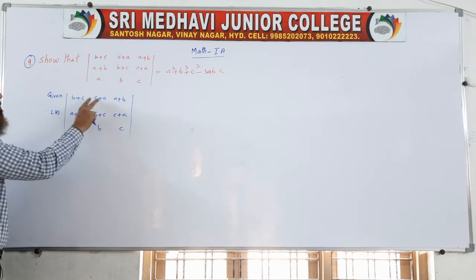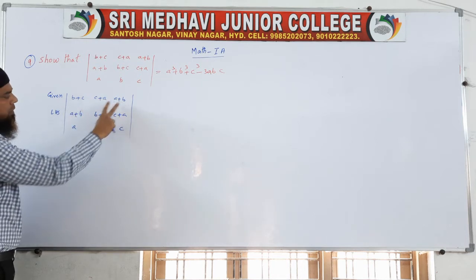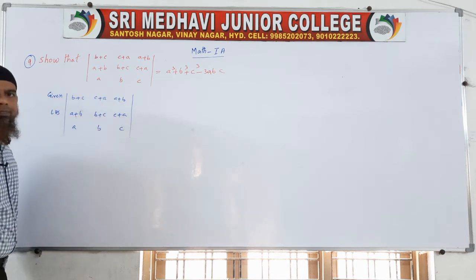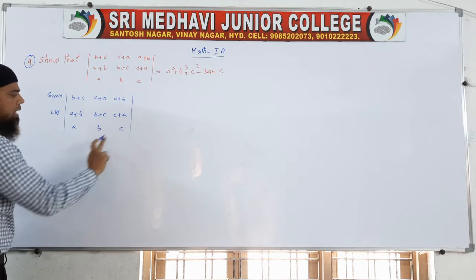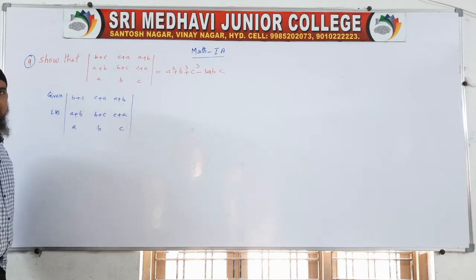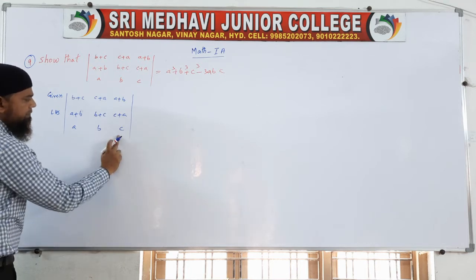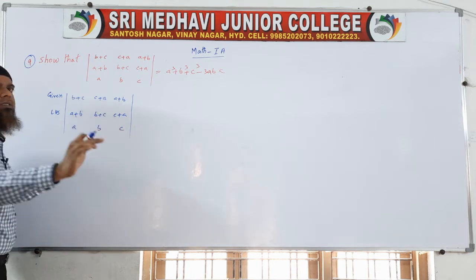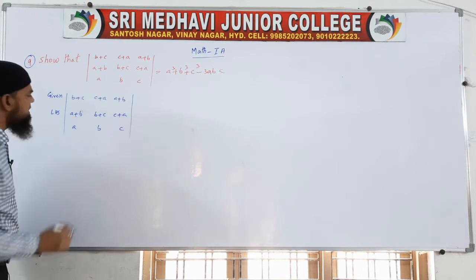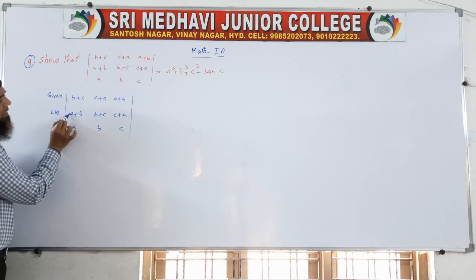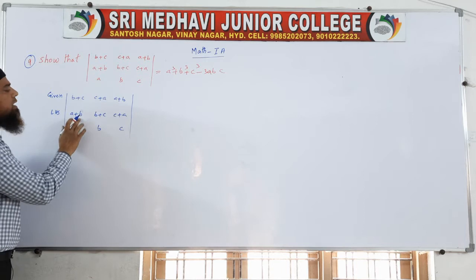This is sum of two numbers, sum of two numbers. Here also same thing given. But when you see in the last row, we are having single alphabets. Use this one, make R2 as a single alphabet. It is very easy. See, a is here, a is here, a minus a gets cancelled, only b is left here.